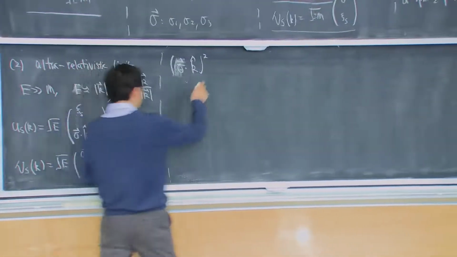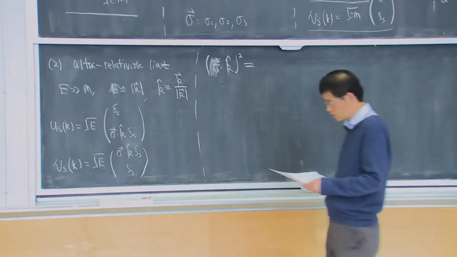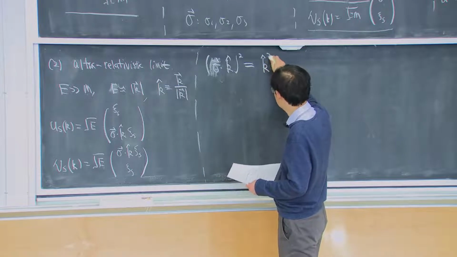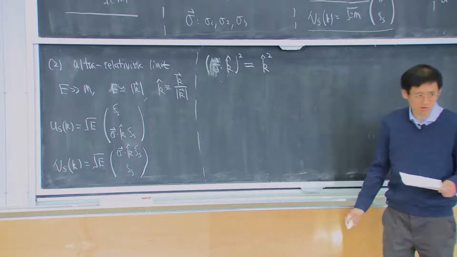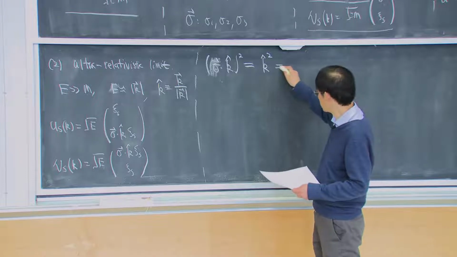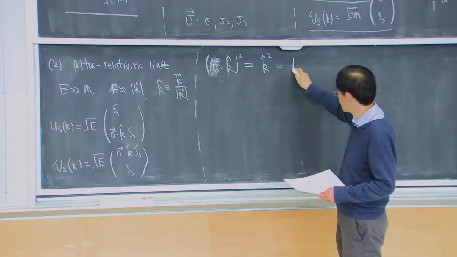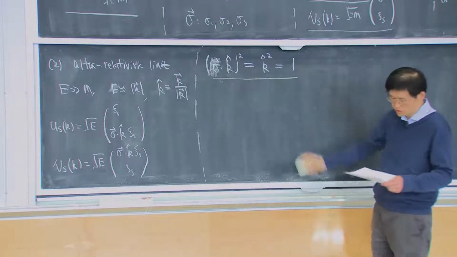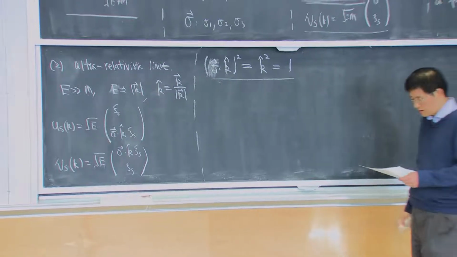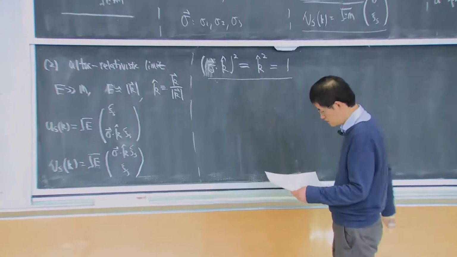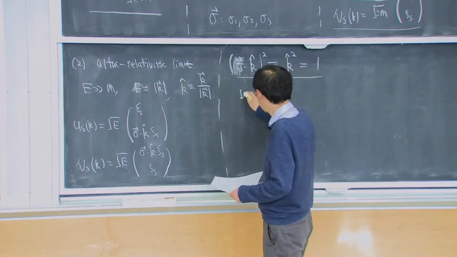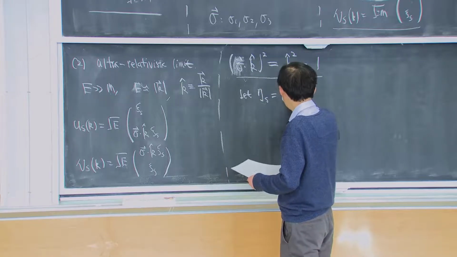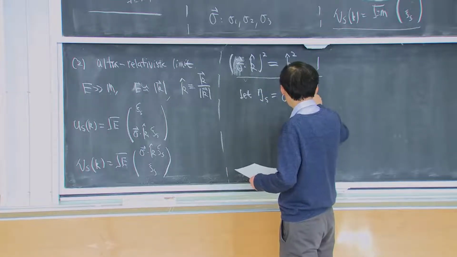Using the properties of Pauli matrices, you can convince yourself that this just gives you k hat squared, and because this is a unit vector, this is just 1. Now if you use this property, this is equal to 1, and then we find eta S equal to sigma dot k hat psi S.